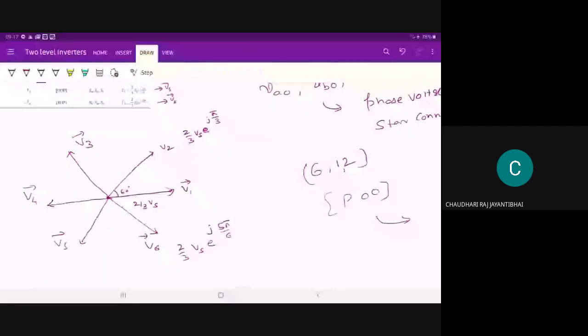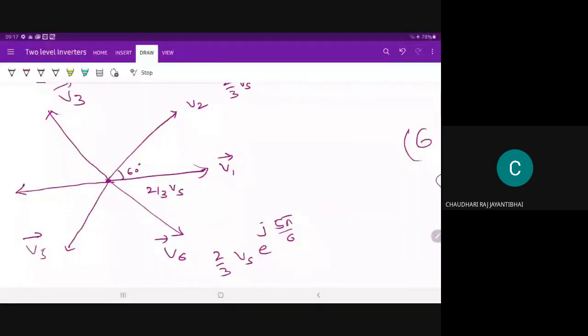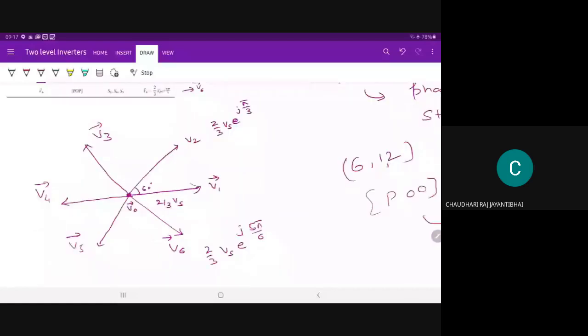So we have these zero vectors, which lie at the origin. This vector is corresponding to P00, and this is corresponding to PP0.